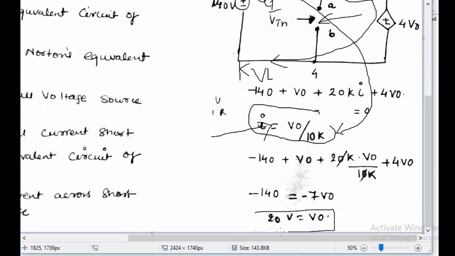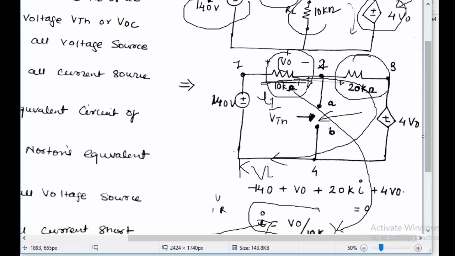you found out the value of V0, and once finding out the value of V0, you found out the value of the node voltages. This node is already 140, and you found out the value of this node also.